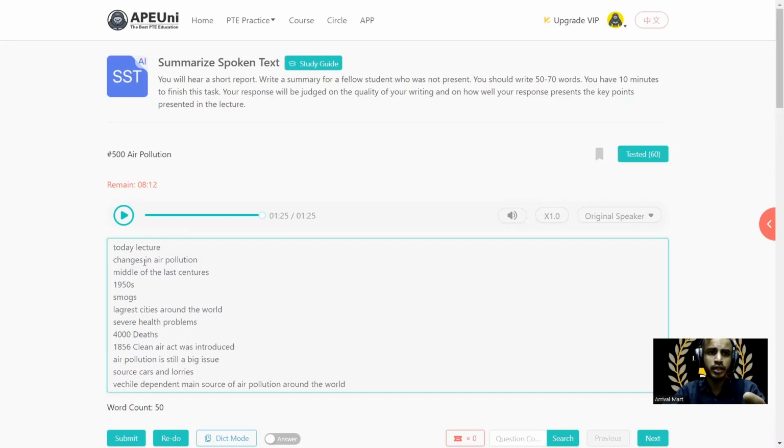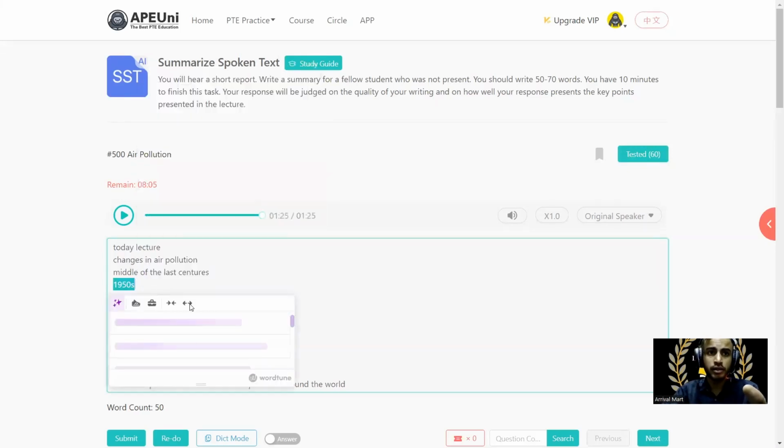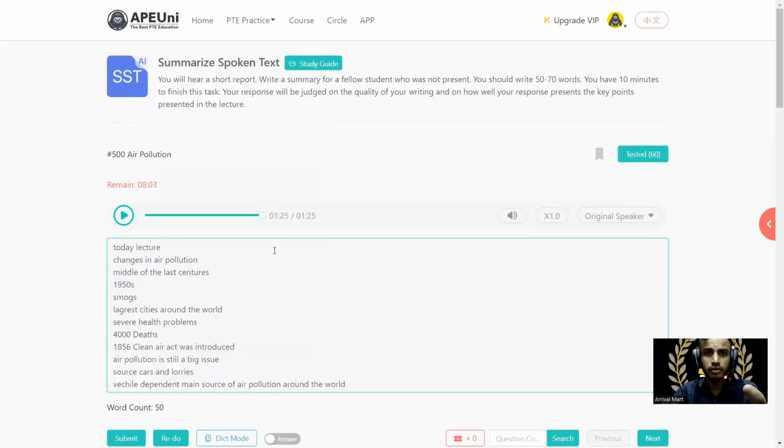At first, just arrange your keywords or your phrases. I want to exit this. I don't need this now. Changes in air pollution, middle of the last century. 1950s smog, largest cities around the world.